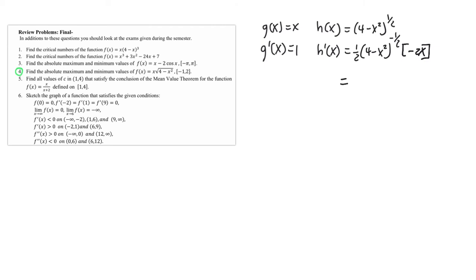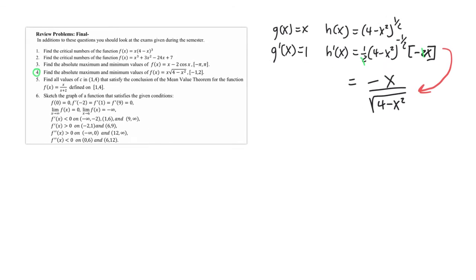Now, simplifying that a little bit further, first of all, the 2's can cancel, and what I would have is a -x up top all over radical 4 minus x squared. So that's what this would become.